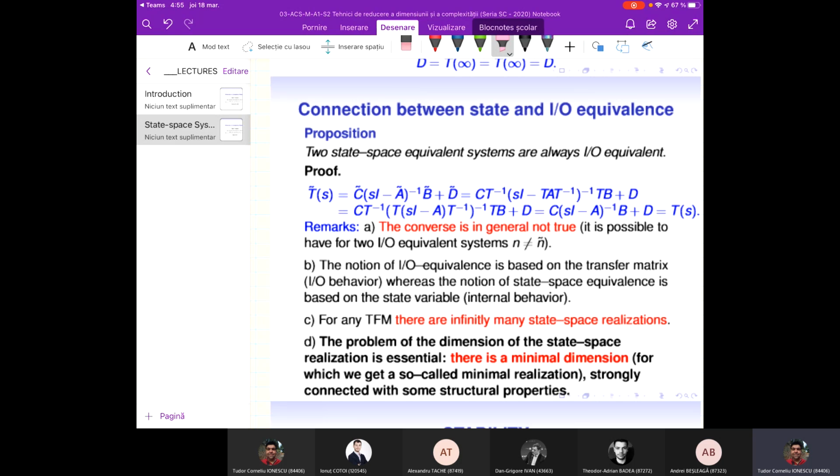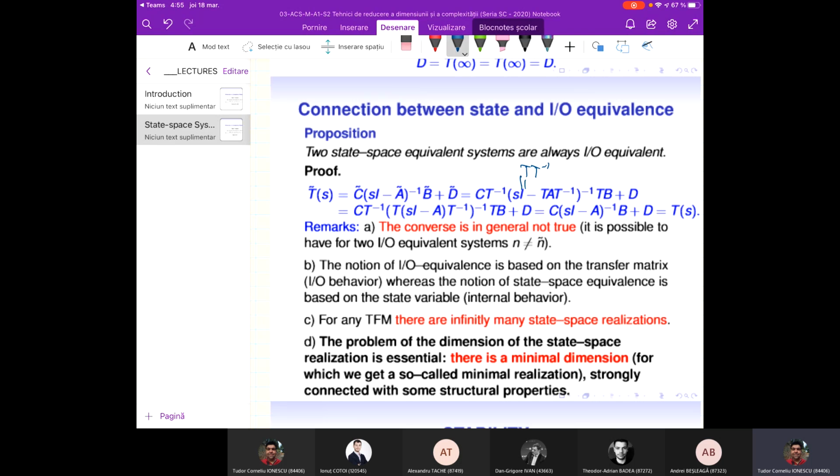So T tilde is C tilde (sI minus A tilde) inverse B tilde plus D. So this is C T inverse. You see all the calculations, and here we explicitly show, because we know that the identity is T T inverse.